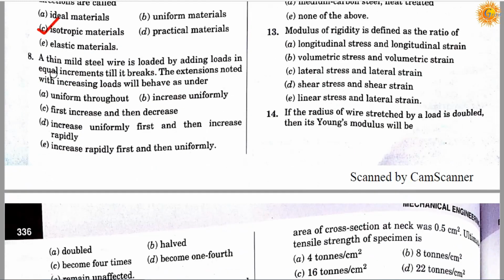Question number 8. A thin mild steel wire is loaded by adding loads in equal increments till it breaks.